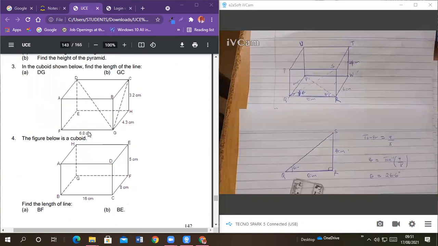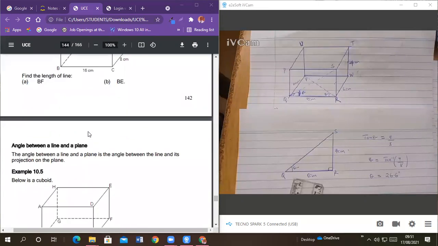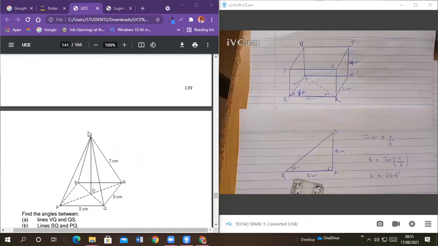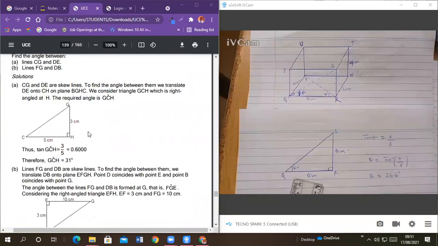That is finding the length. Okay, let us look at skew lines. They are called skew lines.